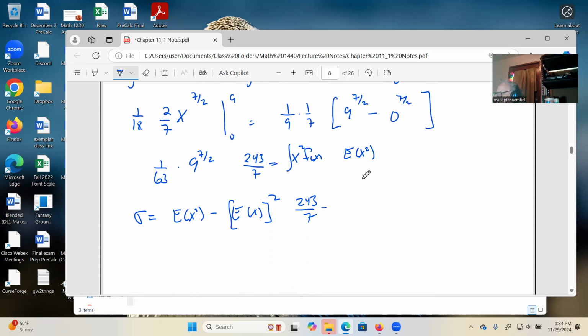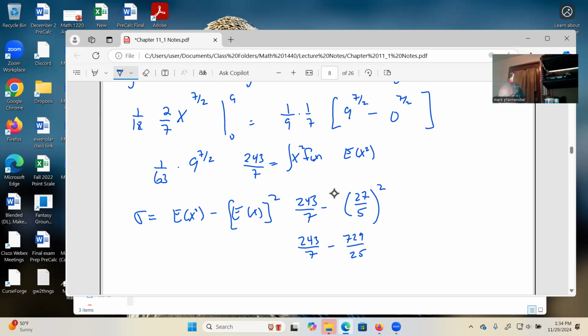It was 27 fifths squared. Okay, so as delightful as that is, we end up doing a fraction problem, so 243 over 7 minus, and then when I type this in the calculator, we ended up with 729 over 25.